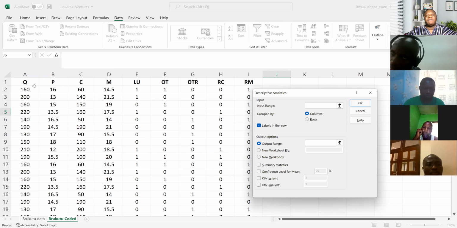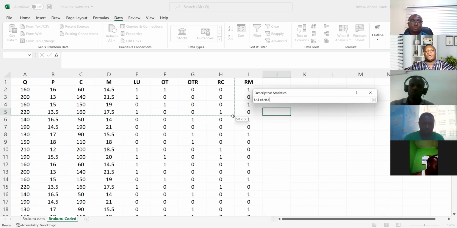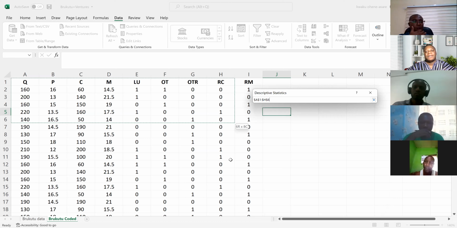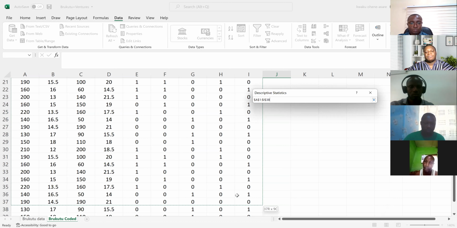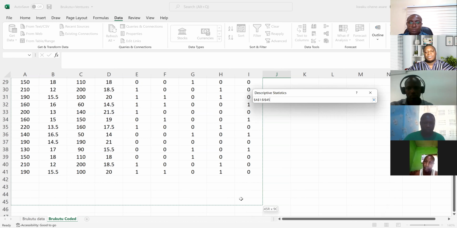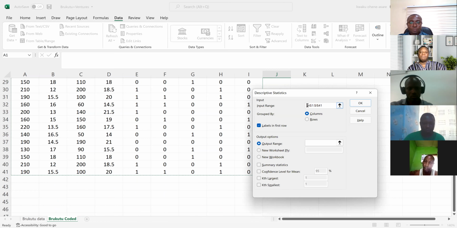So the input range includes everything. So while the cursor is blinking in the input range, highlight everything. Those are your inputs. Highlight everything from K to RM. Highlight, drag it from the top to the bottom. All of them. When you exceed, come back. And that will be collected in the input range.